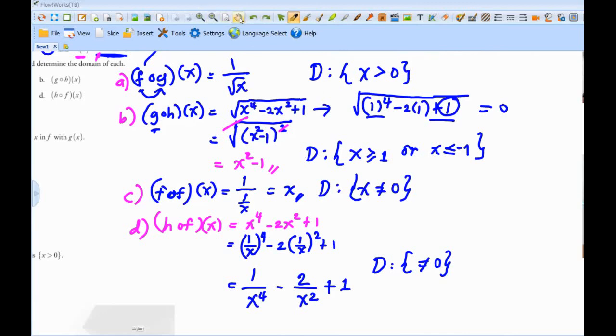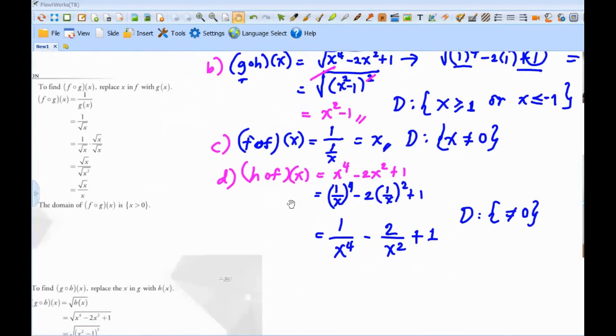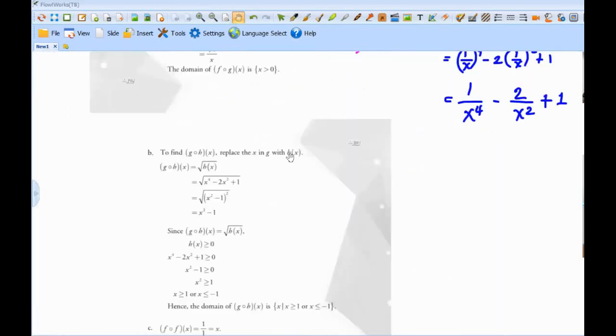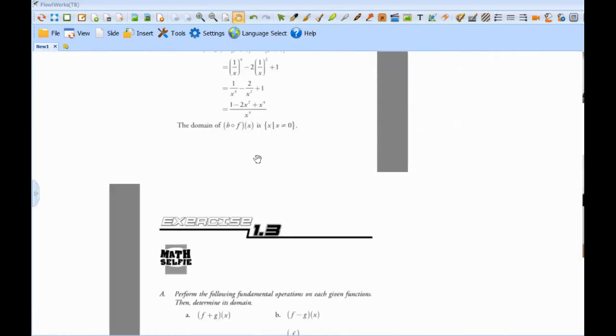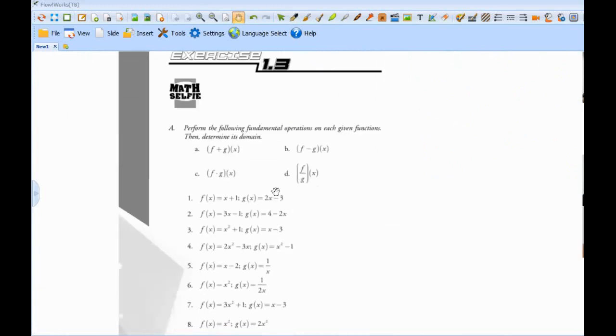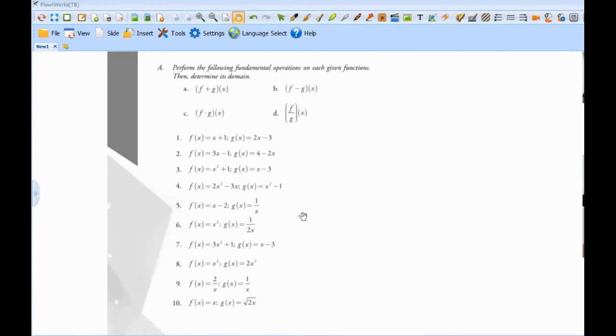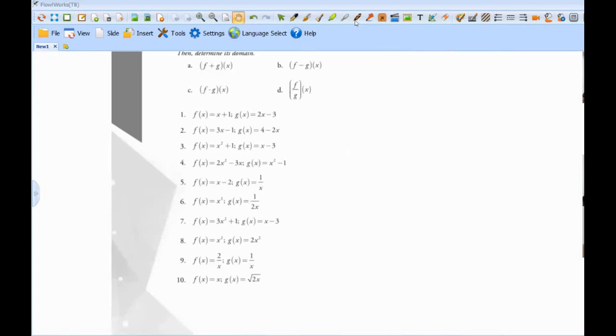So we will be solving more on operations of functions by solving this 1.3. All right, so try to do 1, 5, and 10. Only 3.